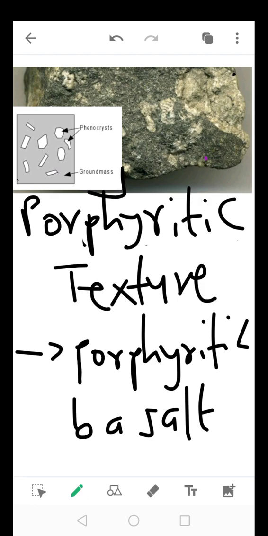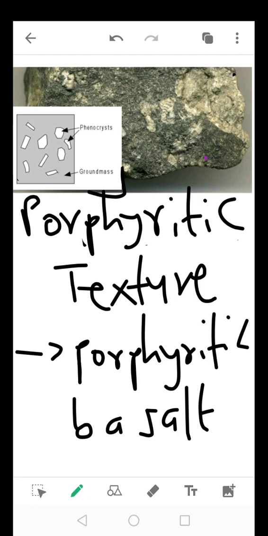So remember the major fundamental process, or the factor that determines the texture in igneous rocks, is the cooling rate. That is to say, whether the rate of cooling was fast or slow.